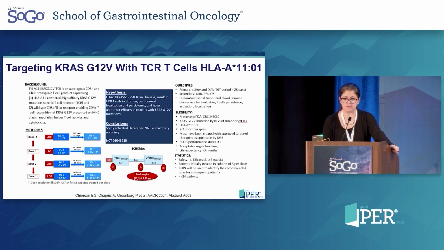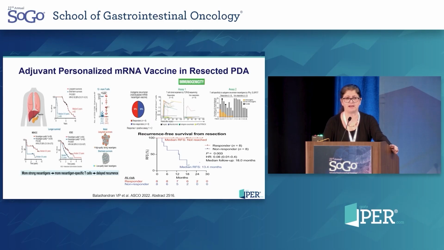So this is limited to this patient population. About 10% of Caucasians have HLA-A11. About 30 to 40% of Asian populations have this haplotype. And this study is ongoing. I have to tell you, we do see responses, albeit they are temporary responses obtained with these infusions.